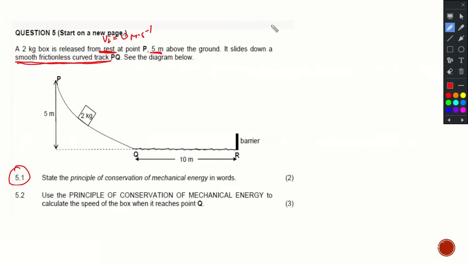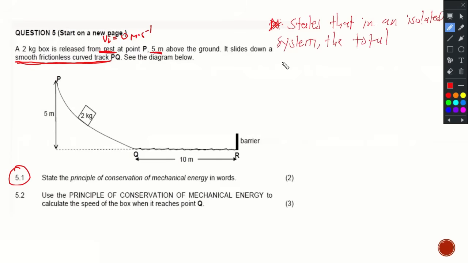The principle of conservation of mechanical energy states that in an isolated system, the total mechanical energy is conserved, and that is for 2 marks.